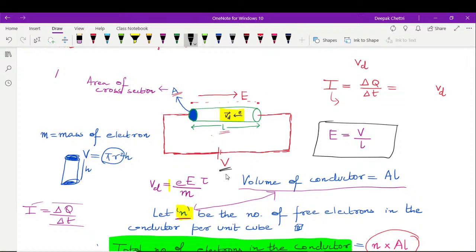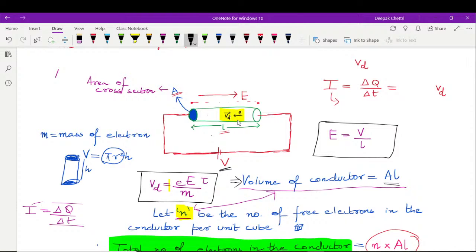Now we already know the formula for drift velocity is this one, right? So how did I start? Find the volume of this conductor. What is the volume of this conductor? It will be area times the length. So area is A, length is L, so the volume will be A into L. Now let us say that the number of free electrons in a small unit cube of this conductor is small n.